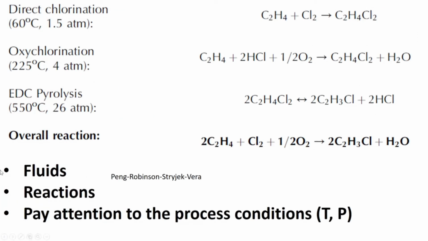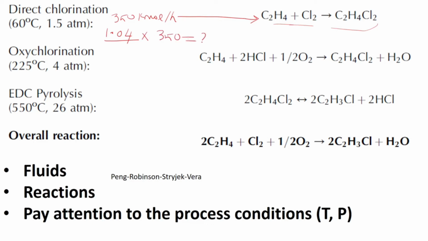We have 1 mole of ethylene, 1 mole of Cl2, 1 mole of ethylene dichloride. I'm going to supply 350 kilomoles per hour of ethylene. So I'm going to supply Cl2 slightly in excess. Instead of 1 multiplied by 350 kilomoles, I'm going to add a slight excess of Cl2 multiplied by 350.